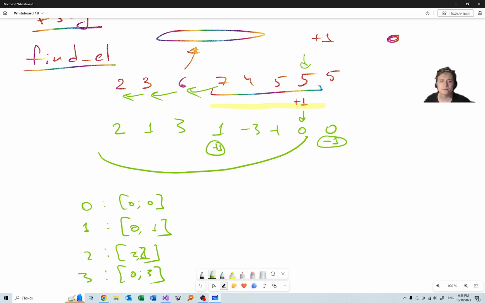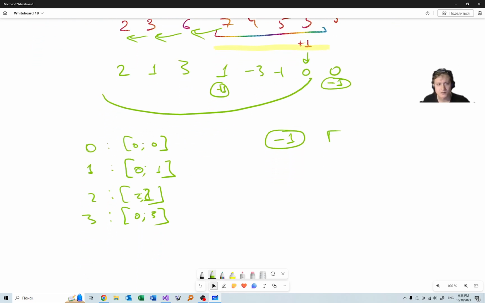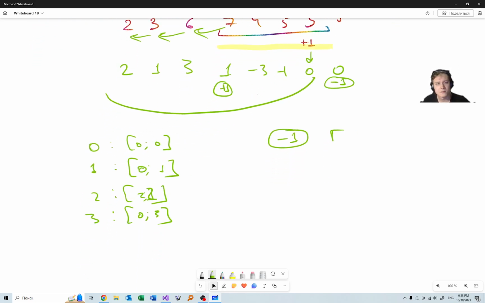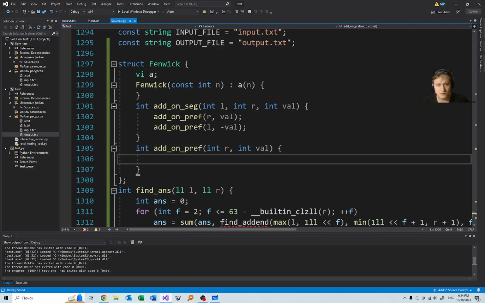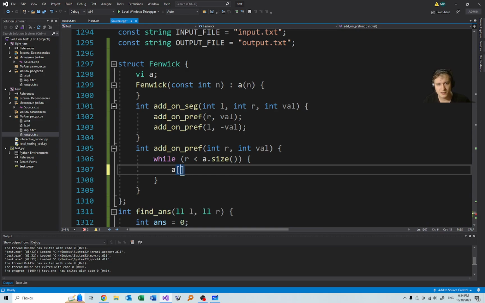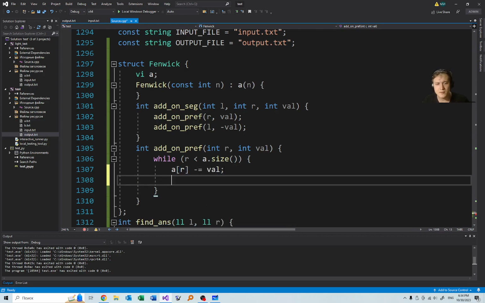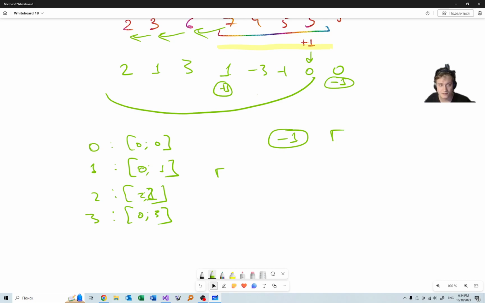Okay, I just believe we need to subtract 1 from element R. So what does R participate in? It participates in R. So while R is less than A dot size, we say that A[R] minus equals val, and then we need to do something with R. I always forget what it is.